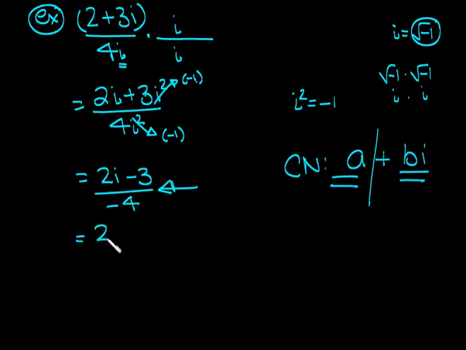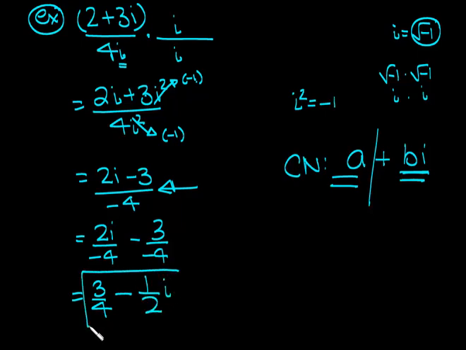So I'm going to take 2i divided by negative 4 minus 3 divided by negative 4. I'm just going to write the real number first because we always tend to write the i term at the end. That's just for looks. So we get 3/4, and 2 divided by negative 4 is just minus 1/2 i. And there's your answer.